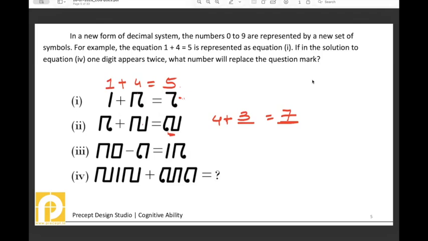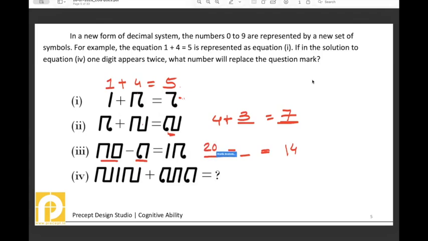Now, based on this, the next equation will be, we don't know a two-digit number. A two-digit number minus a one-digit number is equal to 14. Now, in order to get 14, and that too by subtracting a single digit number, it has to be subtracted from 20, because 30 minus a single digit number cannot be 14.